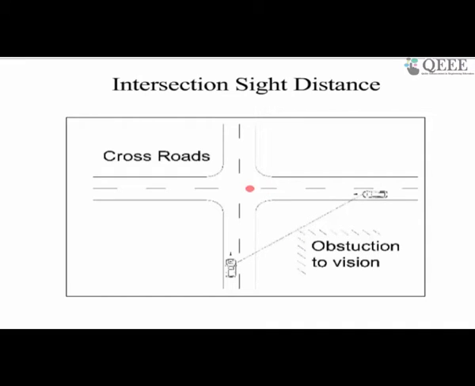So you consider the stopping sight distance based on the design speed of this road, and the stopping sight distance from the design speed of that road, and from there you connect them, and there should not be any obstruction within this triangle. So this is the intersection triangle for the sight distance. This is how you do the intersection sight distance.